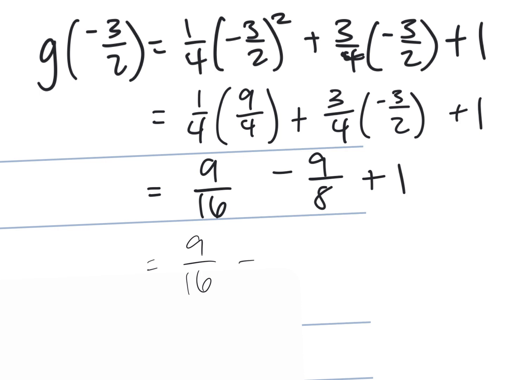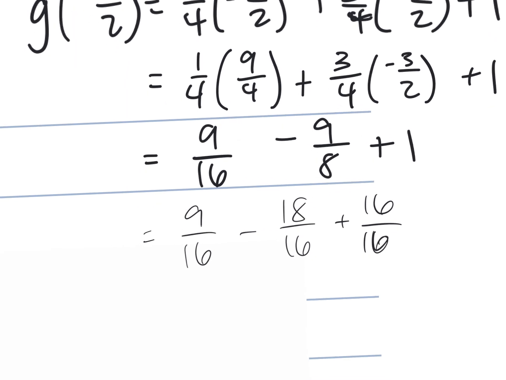What'd you get? Negative 18/16. Good. And then I added the 1, and it has to be a 16 too. It's 16/16. Good, because 16/16 is just 1. And then I added the first two, and I got negative 9/16, and then plus 16/16. And then I got the answer, which is 7/16.